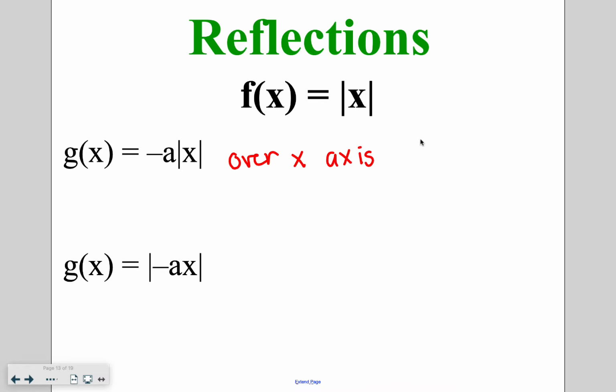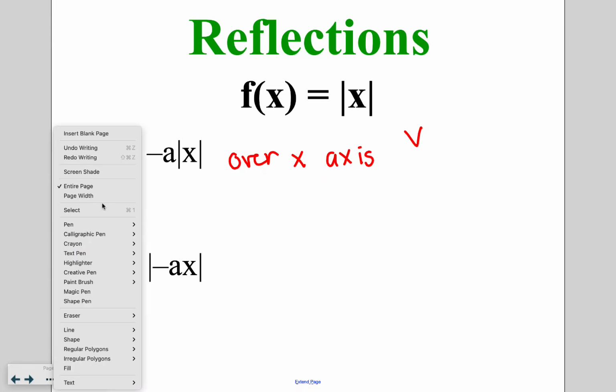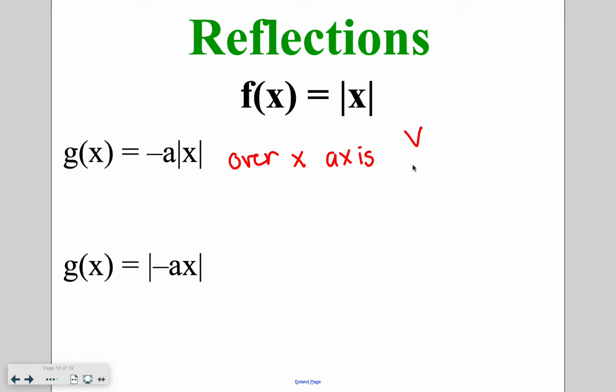So it is going to take the original graph, which was shaped like a V, and it is going to flip it over and have it be shaped like an upside down V. So it flips over the x-axis. If the negative is on the inside of those bars being multiplied with the x, it is going to flip over the y-axis. So it is going to shift left and right sides of the equation.